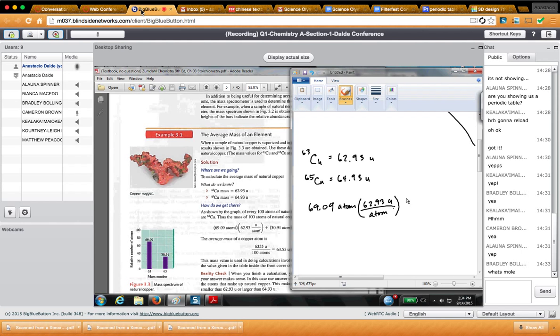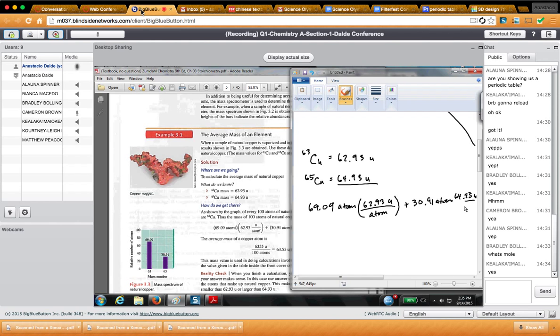And then 30.91 atoms will weigh this one, 64.93 units per atom. And then I divide that whole thing by 100, because I take the two amounts and I add them up together and I divide by the number of things I added. So I divide the whole thing by 100, and so my answer will be 63.55.